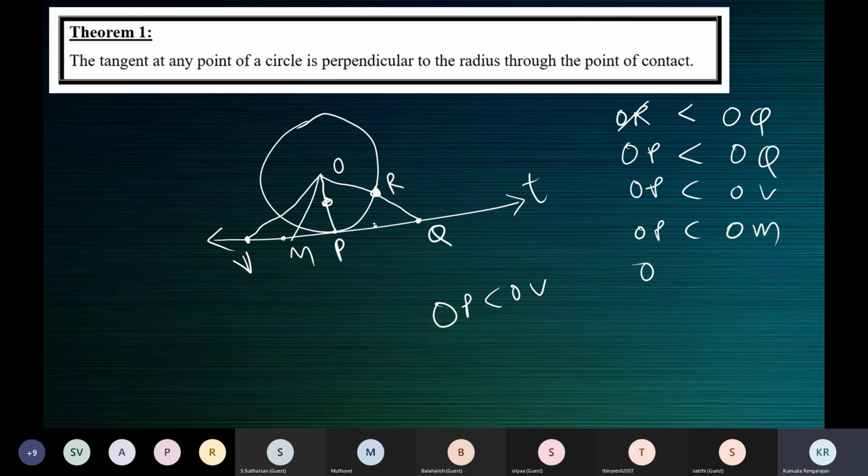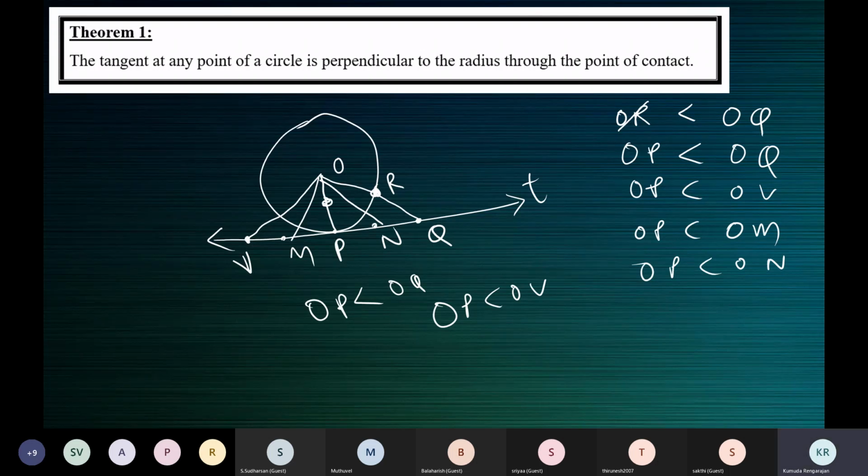If you take a point N here, you will get OP is less than ON. When you're getting OP is less than OQ, everywhere you will get the same thing.